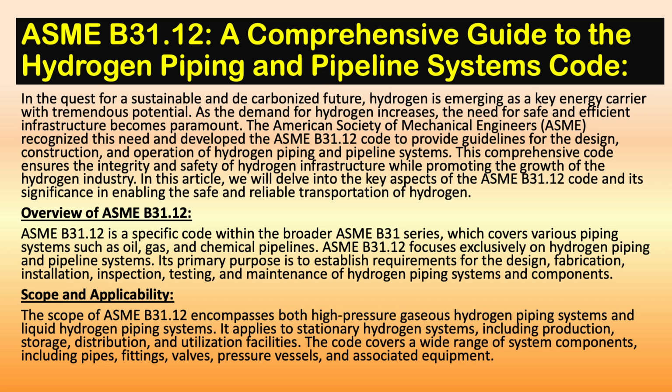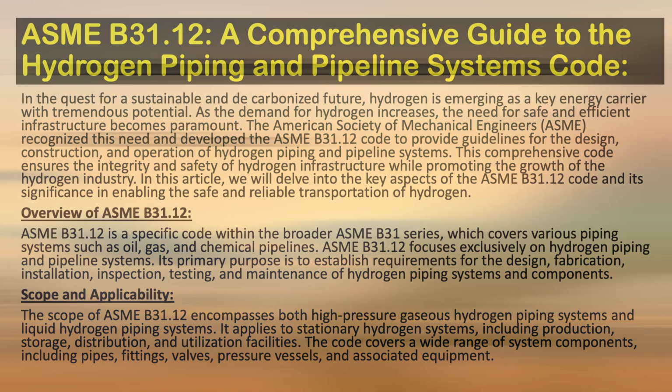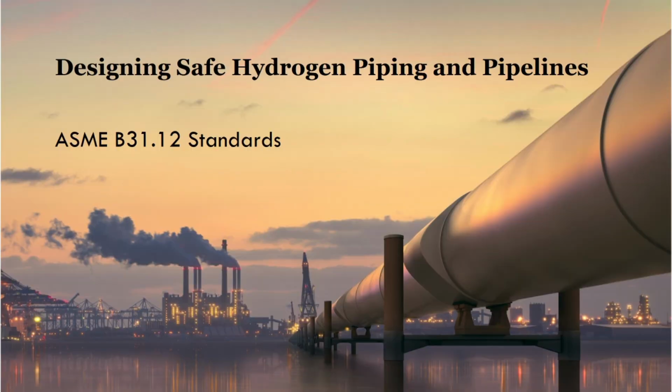In the quest for a sustainable and decarbonized future, hydrogen is emerging as a key energy carrier with tremendous potential. As the demand for hydrogen increases, the need for safe and efficient infrastructure becomes paramount.